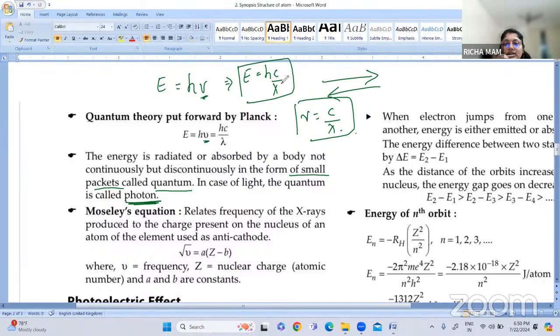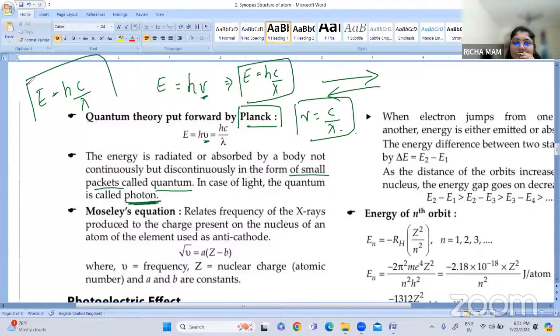So energy is associated with the small packets, and that is quantum, or it is called photon. This was given by the scientist Planck. His theory is given by E equals hc by lambda.